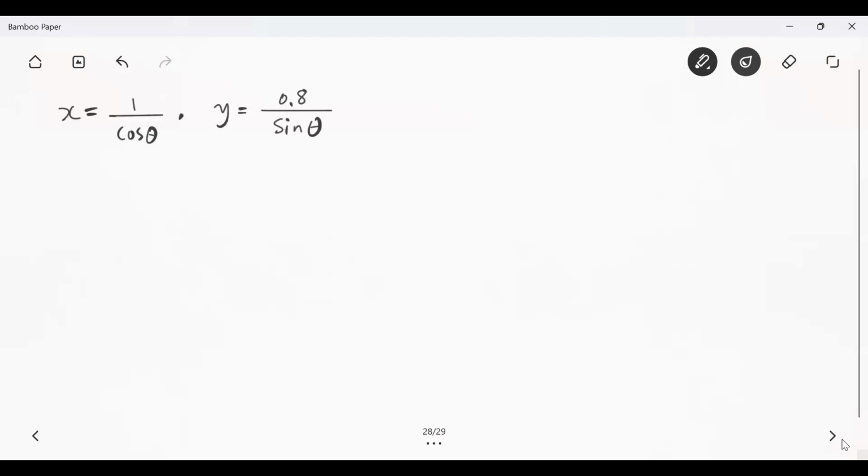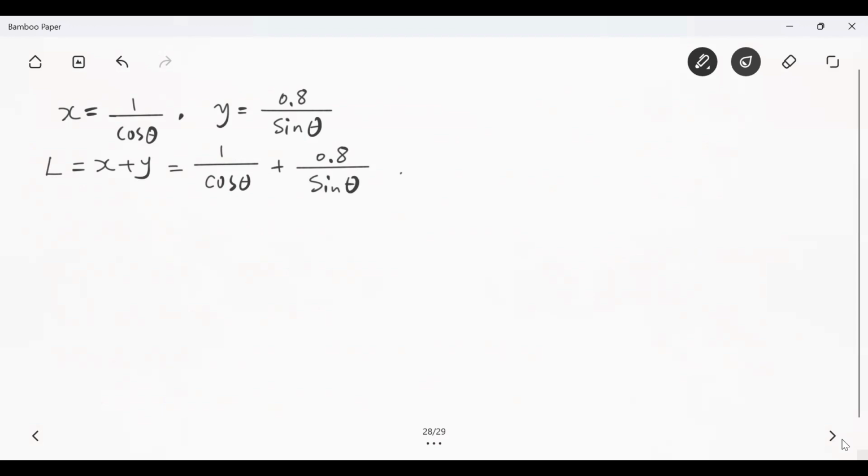We want to find the length of the pole, L, so put X plus Y, right? So 1 over cosine theta plus 0.8 over sine theta.